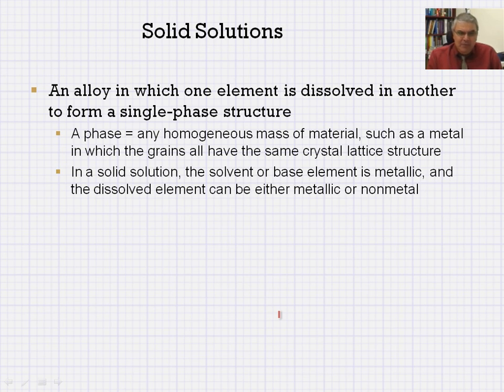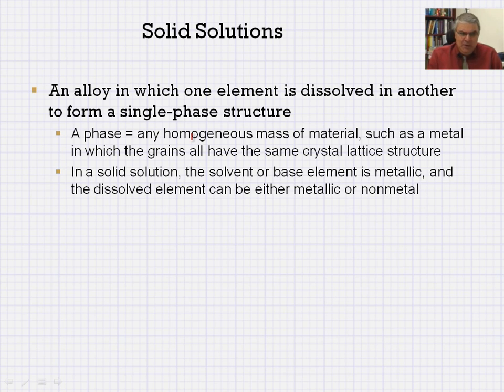What is a phase? A phase is any homogeneous mass of material, such as a metal in which the grains all have the same crystal lattice structure. So there are some key words here one must learn. One is, when we talk about phase, we're talking about a homogeneous mass of material.